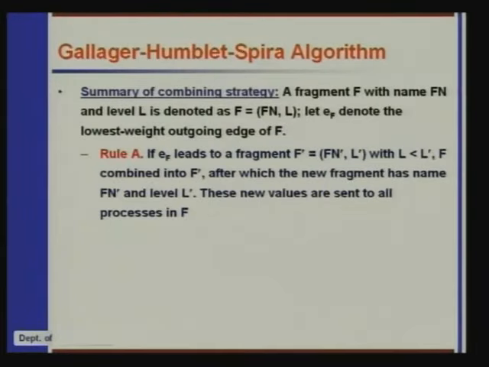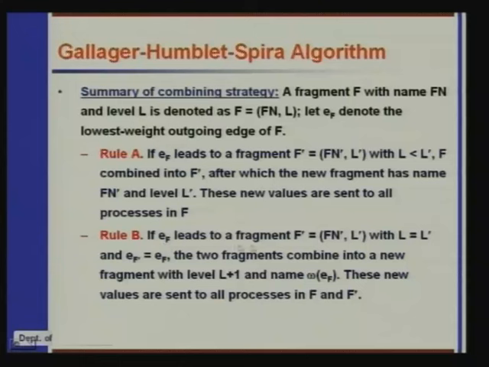Rule B: if EF leads to a fragment F dash with L equal to L dash and EF dash equal to EF, the two fragments combine into a new fragment with level L plus 1 and name W of EF. These new values are sent to all processes in F and F dash.